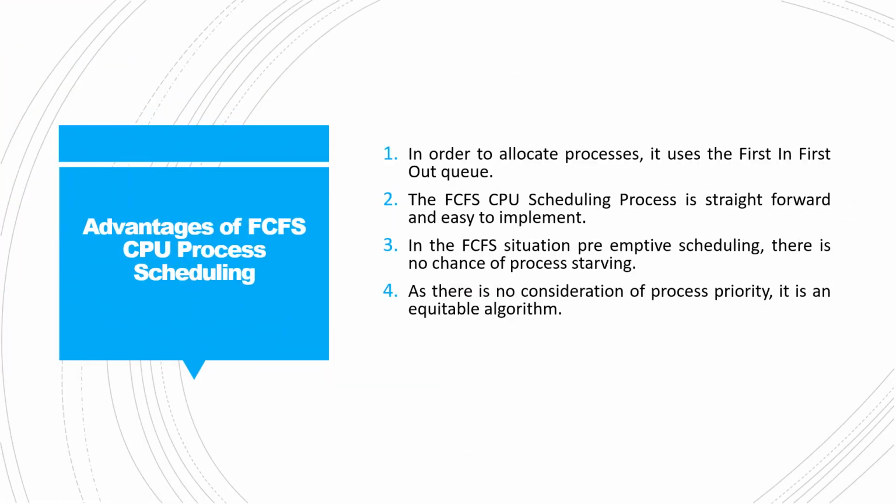Advantages of FCFS, that means first come first serve CPU scheduling. In order to allocate processes, it uses a first in first out queue. The FCFS scheduling process is straightforward and easy to implement.